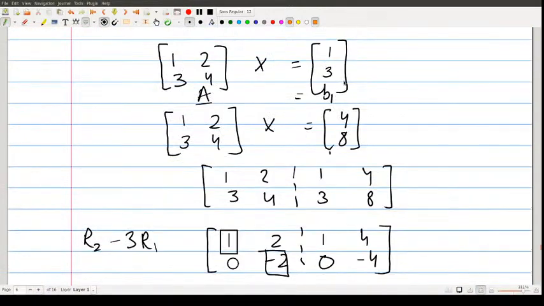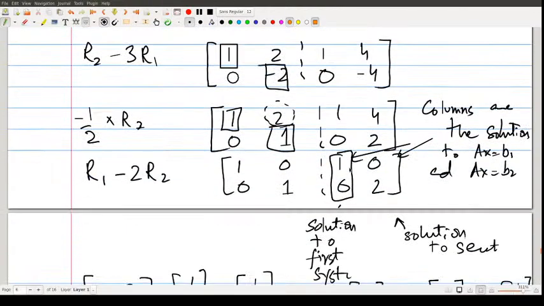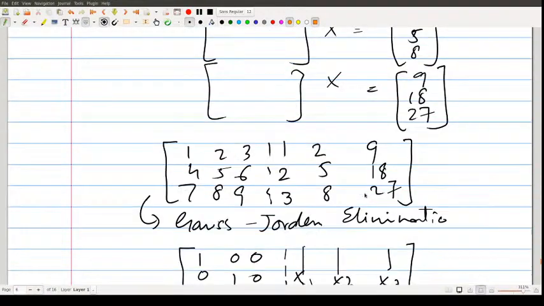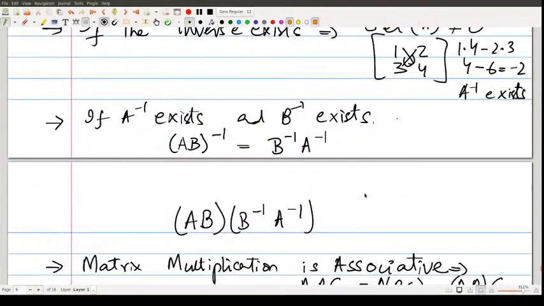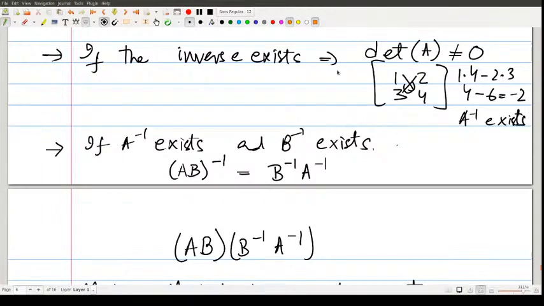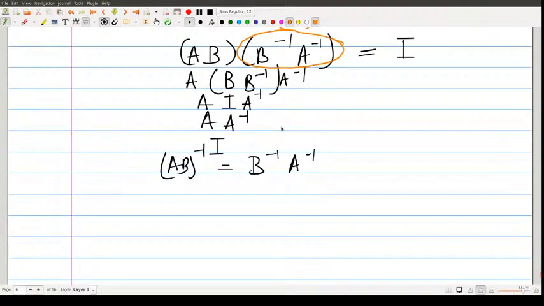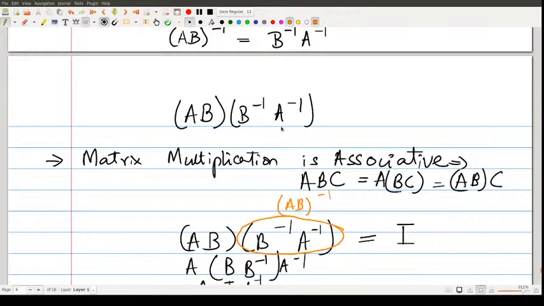So if you want to solve for this right hand side and this right hand side, just plug the first one here, the second one here, do Gauss-Jordan elimination, and the solution will be this. The same thing goes for 3x3 matrices, and all of this holds for any n by n system: 2x2, 3x3, 4x4, and so on.